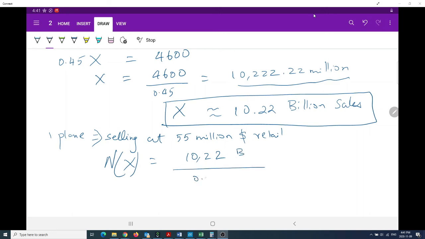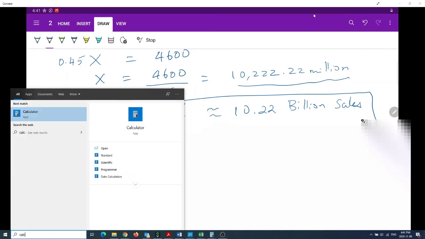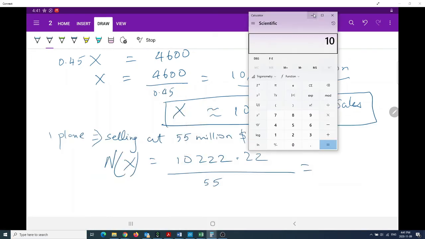Let's have everything in millions, let's not confuse ourselves. So 10,222.22 divided by 55, and that will be the number of planes which you would need to sell. You need to sell approximately 185 planes in order to break even, or more than 185 planes, or roughly 186 planes.